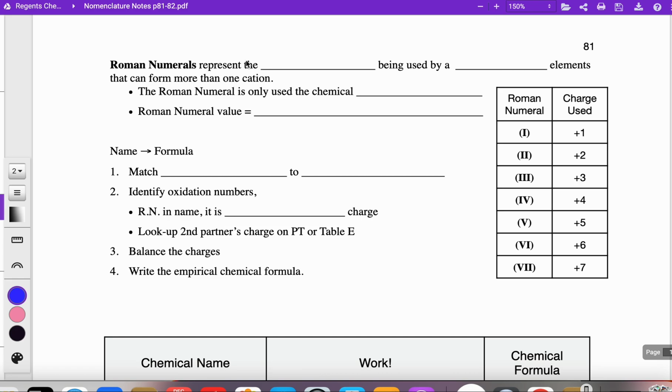At notebook page 81, we are looking at compounds in which we will see a Roman numeral in their name. The Roman numeral's purpose: the Roman numeral represents the oxidation number being used by a transition element.